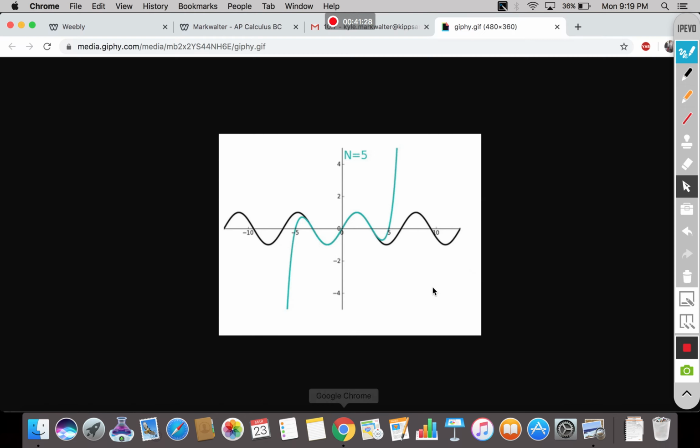Sine, it turns out, has a huge radius of convergence. Here's the sine graph in black, and you'll see the nth degree Taylor polynomial wrap itself around it. 1st degree, 2nd degree, 3rd degree, 4th degree. And notice as we add terms to that polynomial, our Taylor polynomial actually hugs the sine curve better and better and better and better. This is a really great example of how a Taylor polynomial converges to some function.